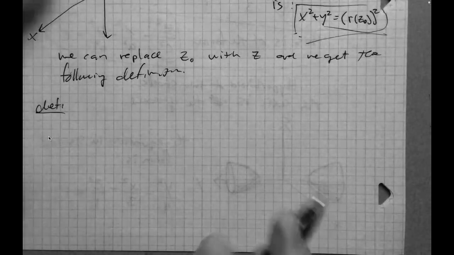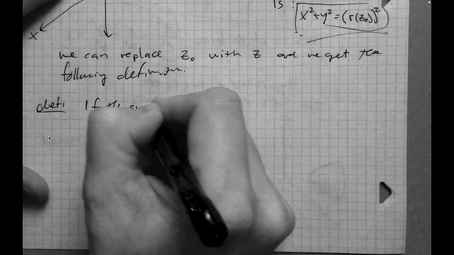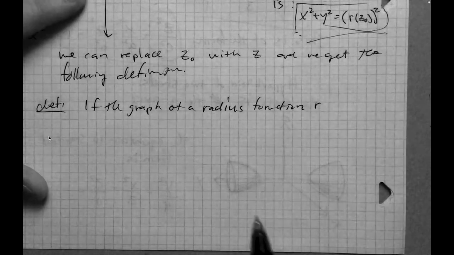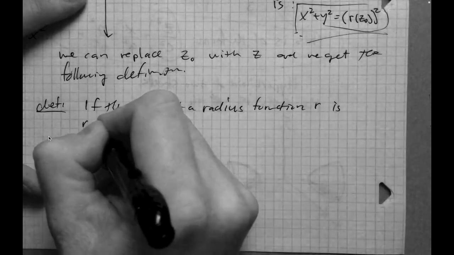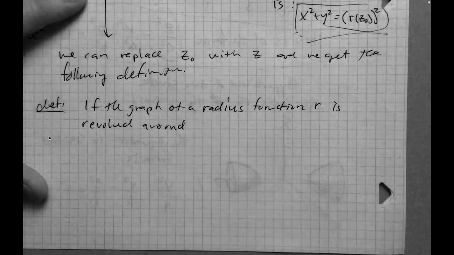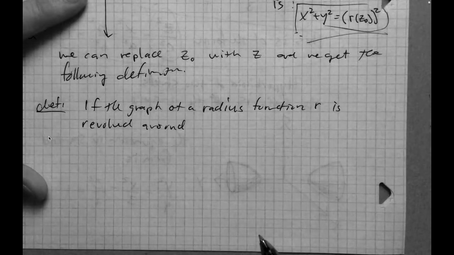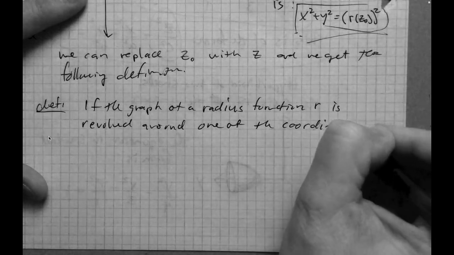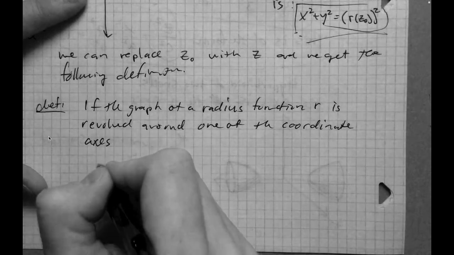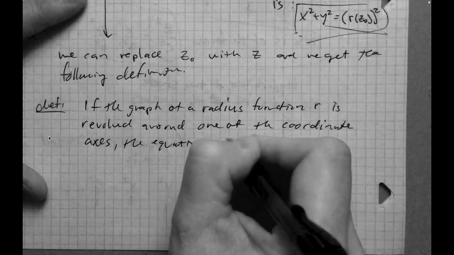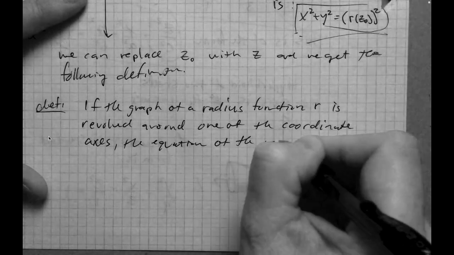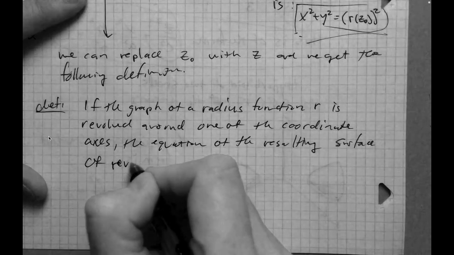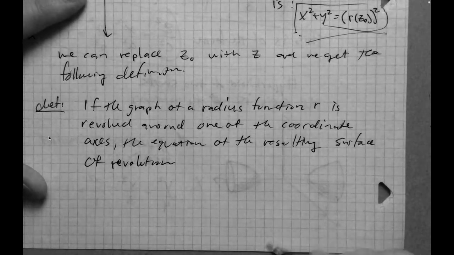Definition: if the graph of a radius function r, the function is called r, is revolved around one of the coordinate axes, the resulting surface of revolution has one of the following forms.